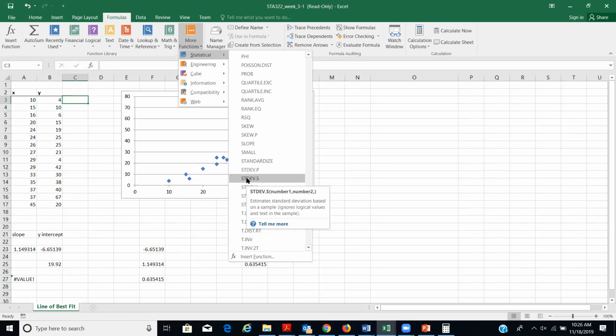In every one of your calculations in this class, unless it specifies that it is a population, you will use the sample, okay? Because a population means everyone that fits the criteria.